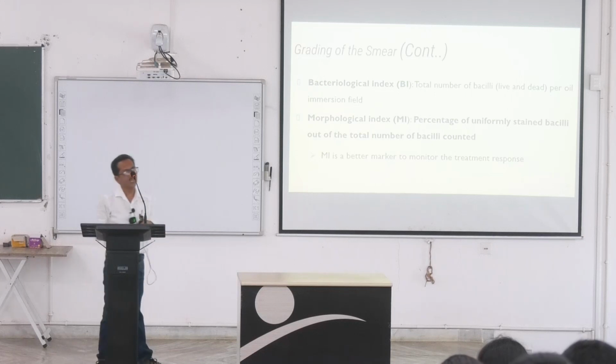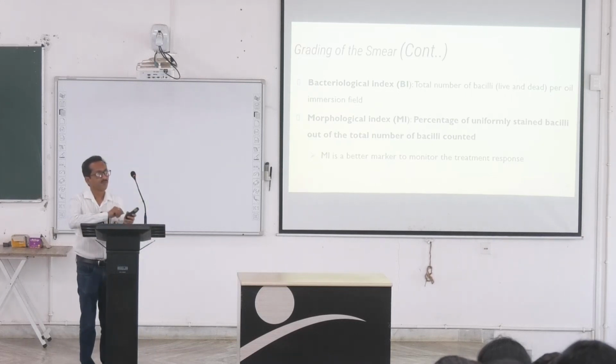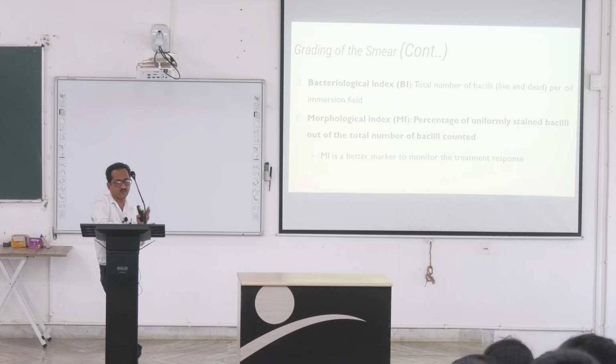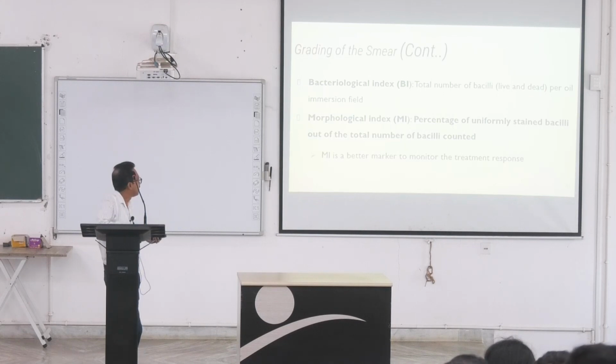Now, these are the two indices. Remember, they can come as short notes: the bacteriological index and the morphological index. What does the bacteriological index calculate? It calculates all acid fast bacilli, whether live or dead. So the bacteriological index includes both live and dead per oil immersion field.